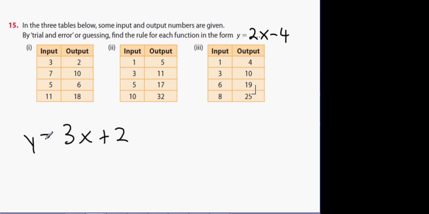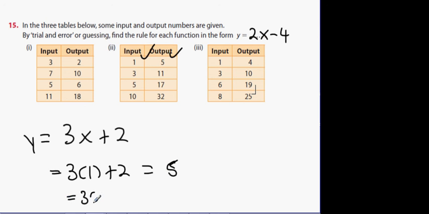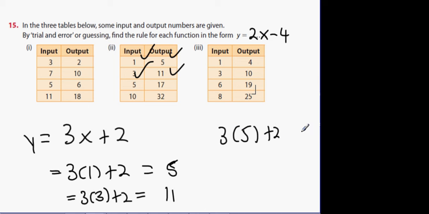Let's see if it works. 3 times 1 plus 2 is? 5. 1 and 5, correct. 3 times 3 plus 2? 11. Well done, Farrell. 3 times 5 plus 2? 17. And finally 3 times 10 plus 2? 32. Okay, we figured this out now. Well done.